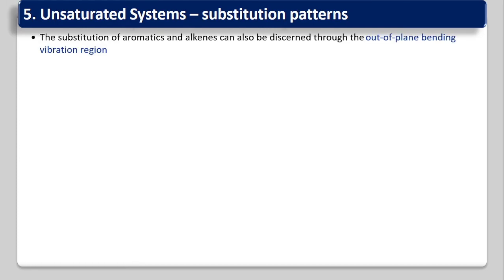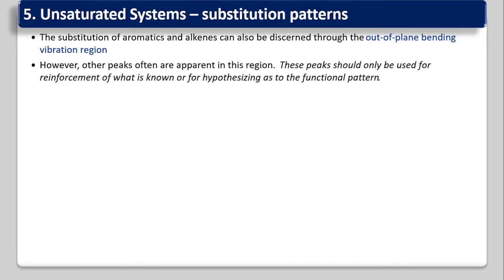The substitution of aromatics and alkenes can also be discerned through the out-of-plane bending vibration regions. CH stretching vibrations come around 3000 to 3100 cm⁻¹, that's okay, but along with that there are also out-of-plane bending vibrations. Other peaks often appear in the region.